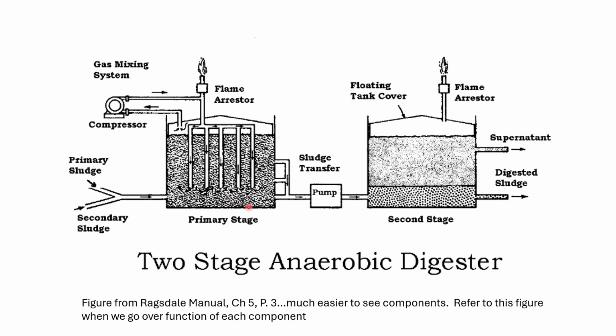And we'll see a little bit more of another close-up view here. We're going to collect gases here, okay? And we've got a gas mixing system where we are basically mixing the gases, compressing it, and we can send it to a flame arrestor and burn it off.